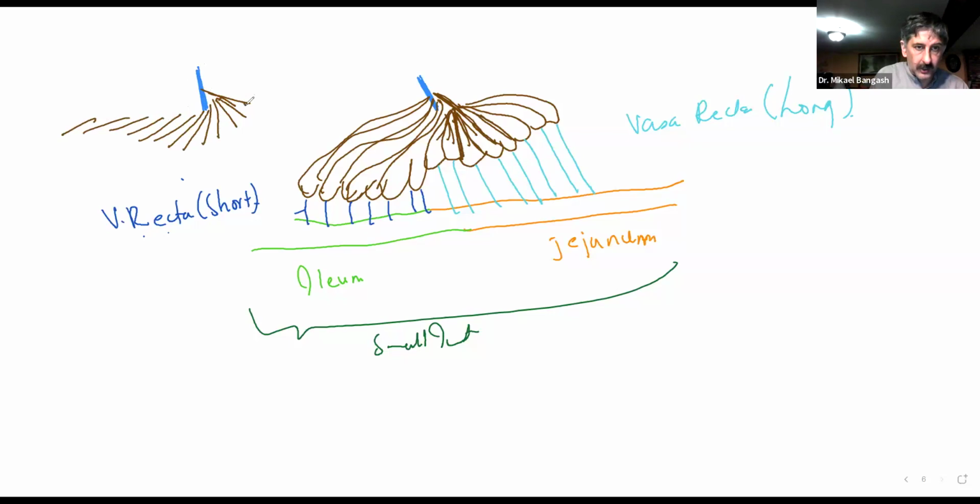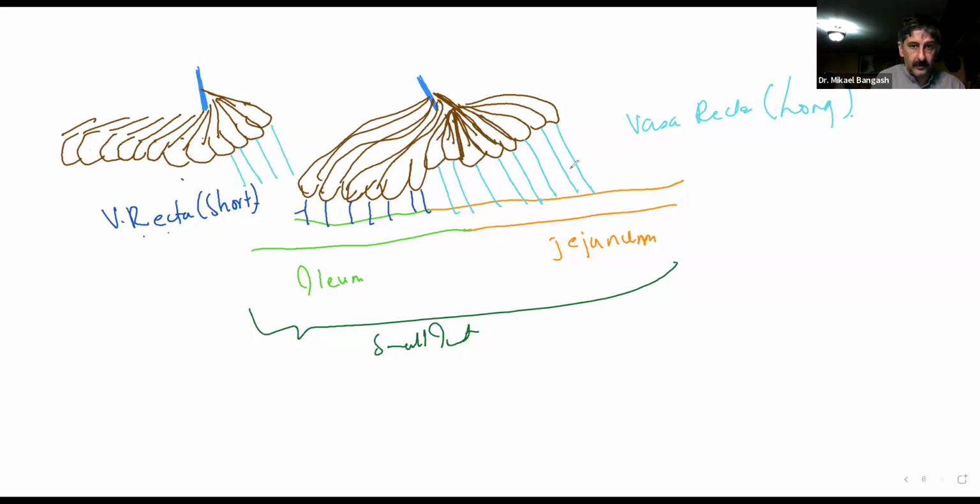But what they actually do is loop around like this. You can say this may anastomose with this, whichever way you want to put it, but it's going to form these loops here. And off those loops are going to be the vasa recta, which will be the straight vessels.